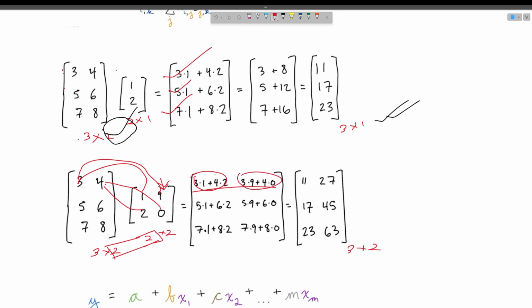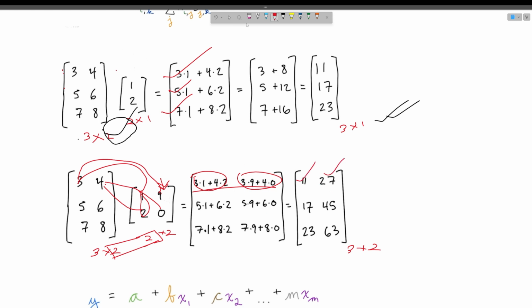Basically, what's happening is we had a column of values. First of all, we'll do all of the stuff for this column, and we'll have 11, 17, 23, just like that. Then we'll deal with this part, 90, just like another column, and we'll get another column. That's it, simple as that.